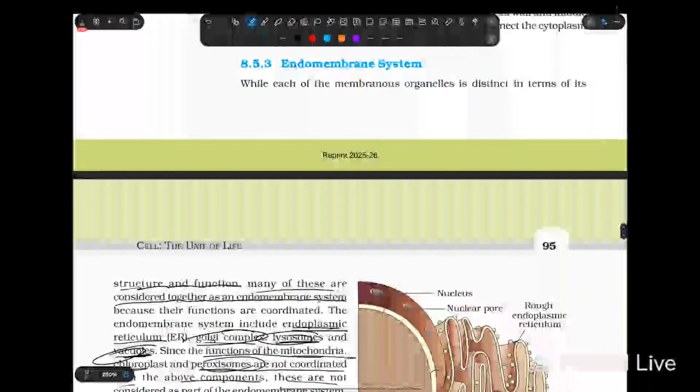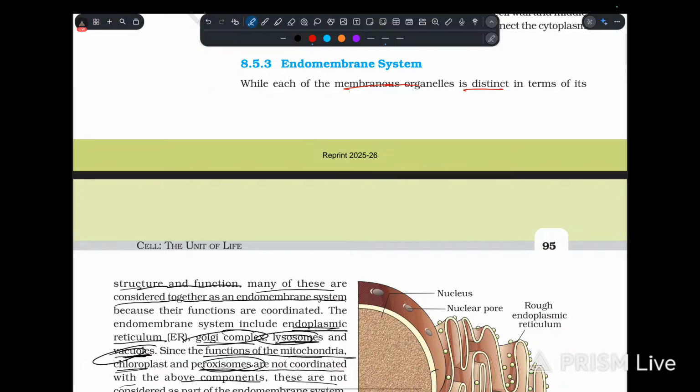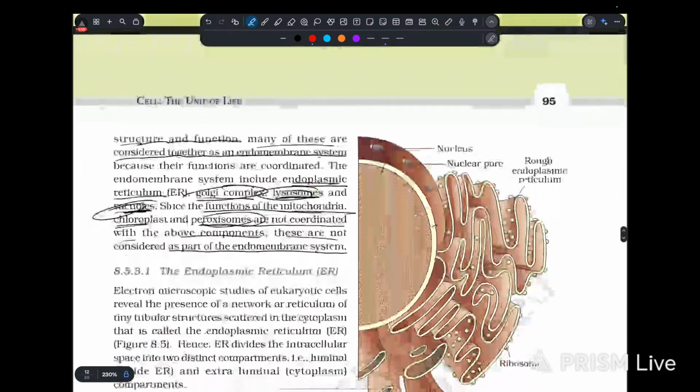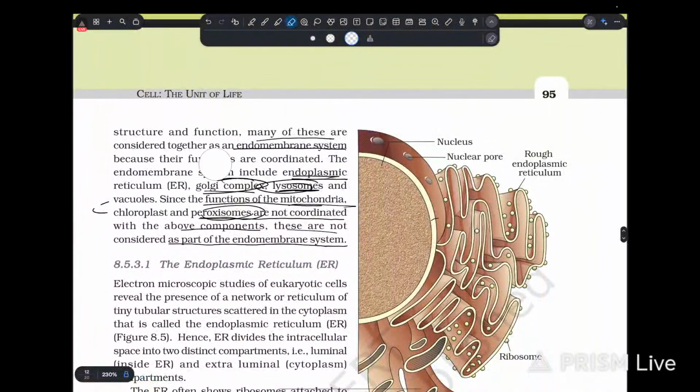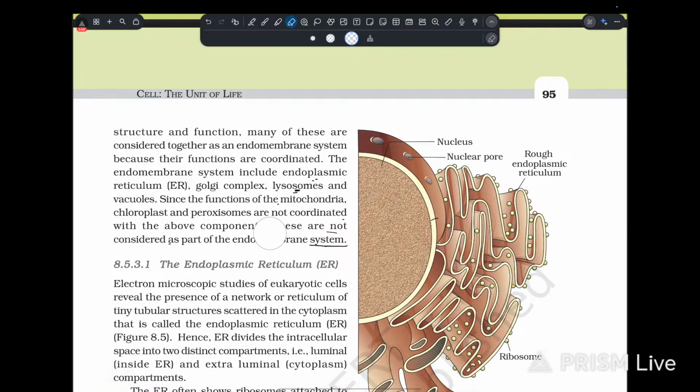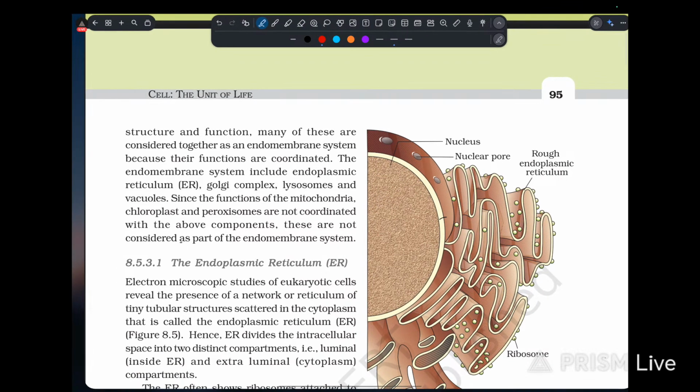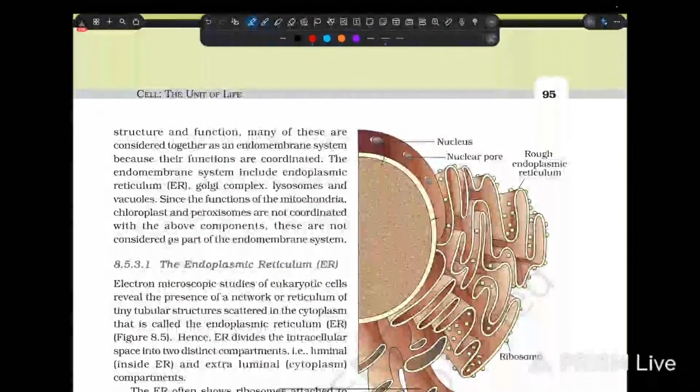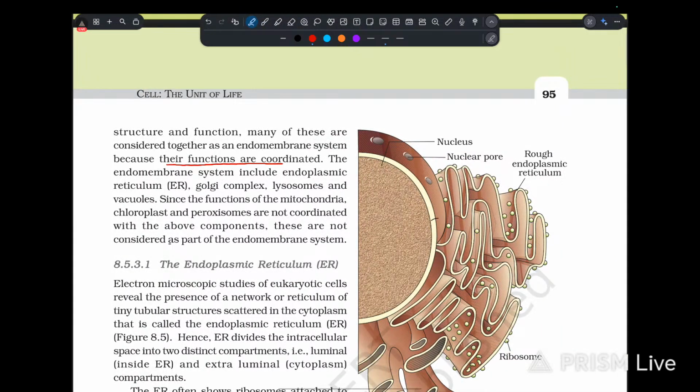While each membranous organelle is distinct in terms of its own structure and function, many of these are considered together as the endomembranous system. Why? Because their functions are coordinated: the function of one depends on the function of another.